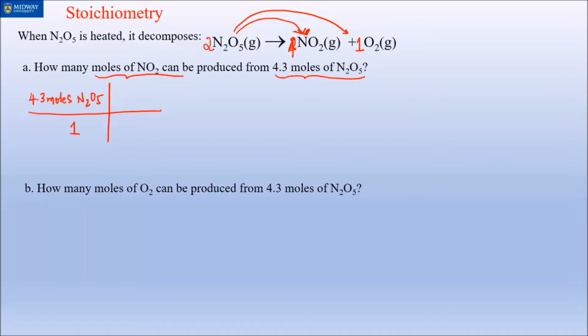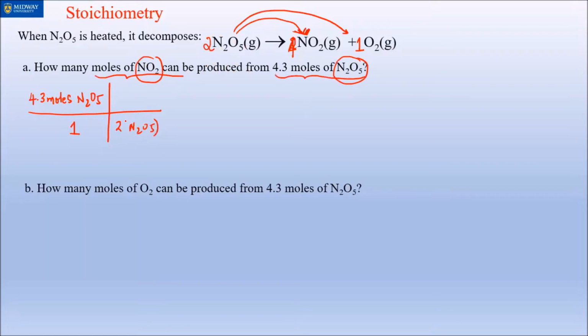And then here is the idea of mole ratio. We're comparing two compounds, NO2 and N2O5, right? The N2O5 is on top, which is not something we want when we're finished. So the mole ratio is 2 N2O5, right?